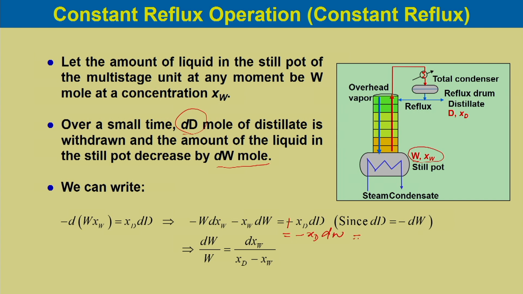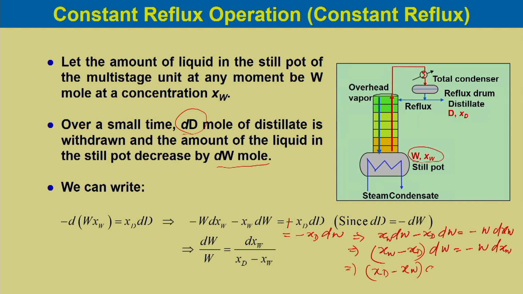If we simplify this, we can write x W dW minus x D dW would be equal to minus W dx W. So, (x W minus x D) dW would be equal to minus W dx W, and (x D minus x W) dW would be equal to W dx W. From here we can rearrange: dW by W would be equal to dx W by (x D minus x W).